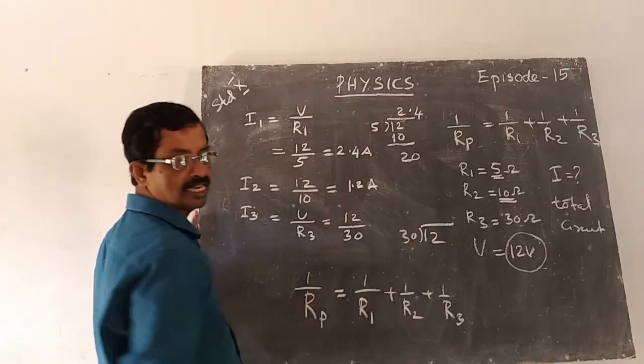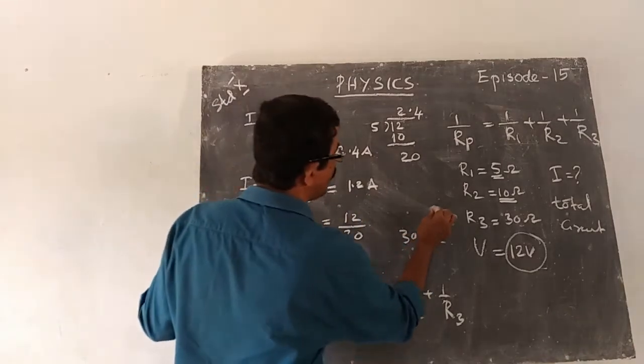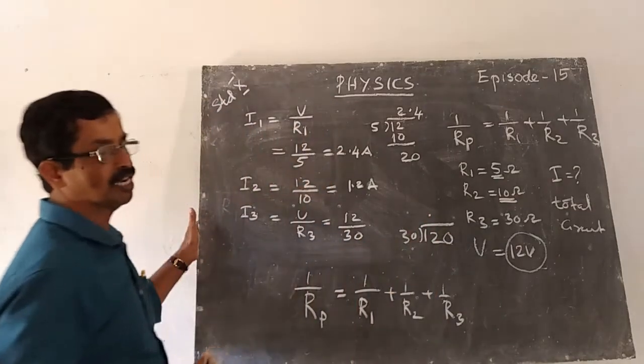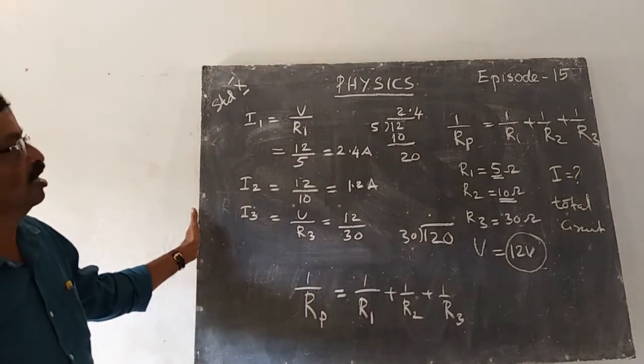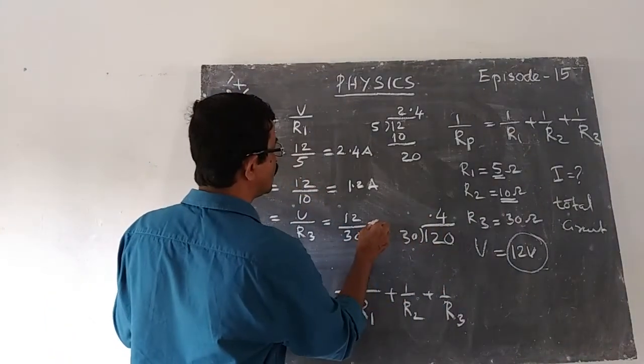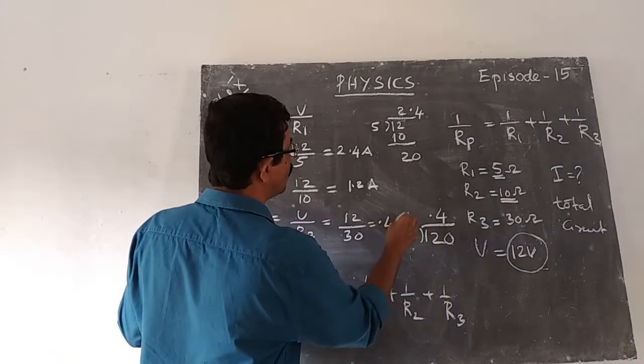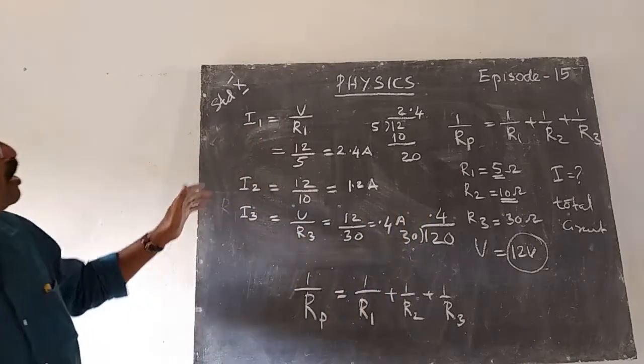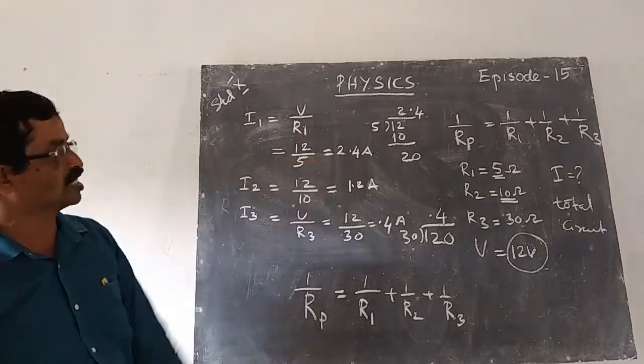From 12 we cannot take 30, so put a decimal; now it becomes 120. 30 goes into 120 four times. So this answer is 0.4 ampere.